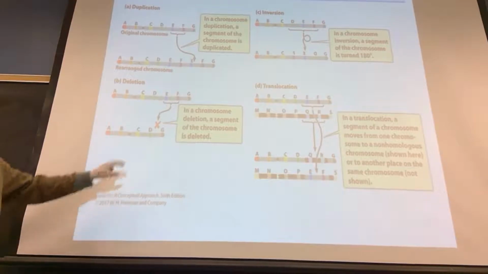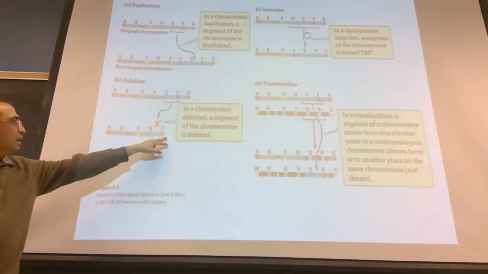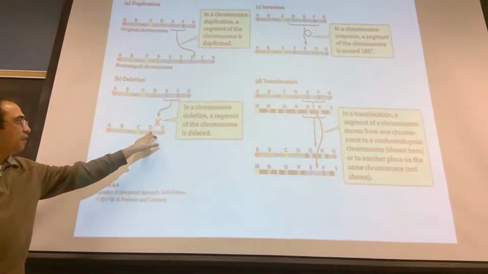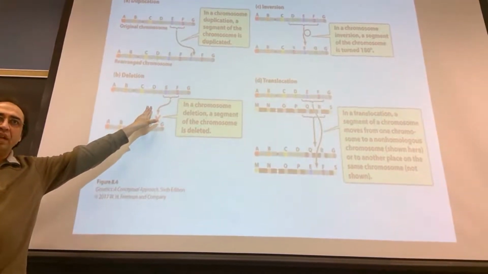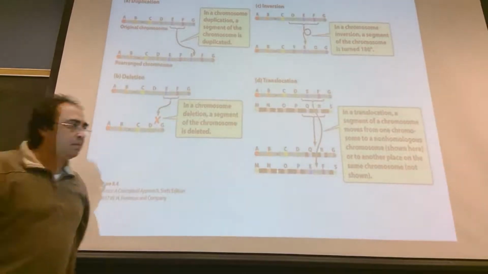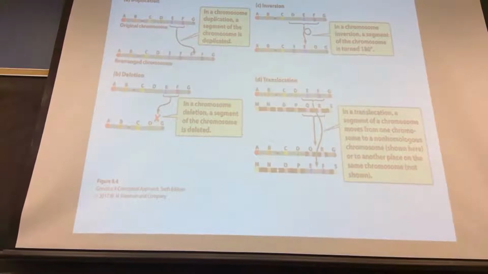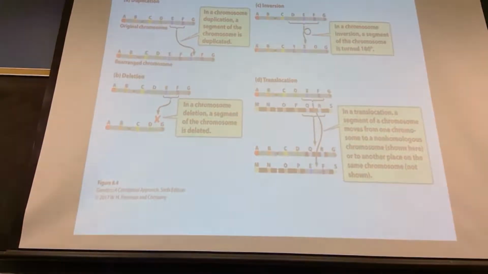Okay. Here E and F gene was there, but in this part, only after D there is G gene. There is no E and F. That part was broken from the chromosome, and lost.